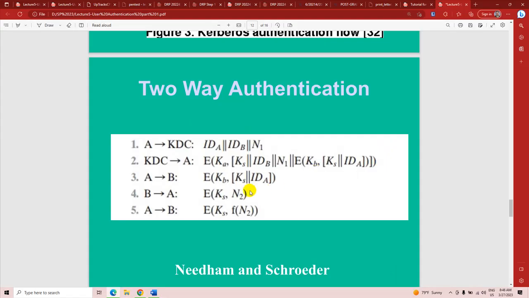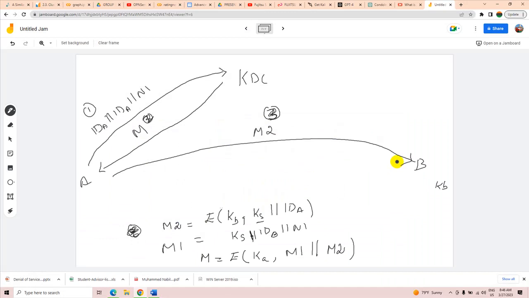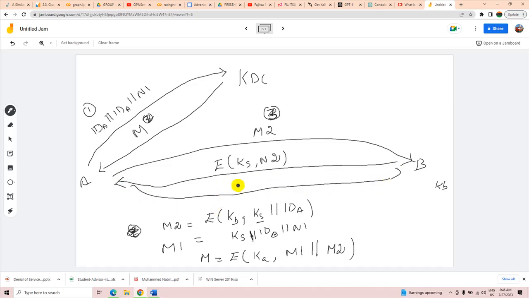So now this will send, encrypted using the session key, some nonce value, and then this system would send the reply by just converting this value into some other value.